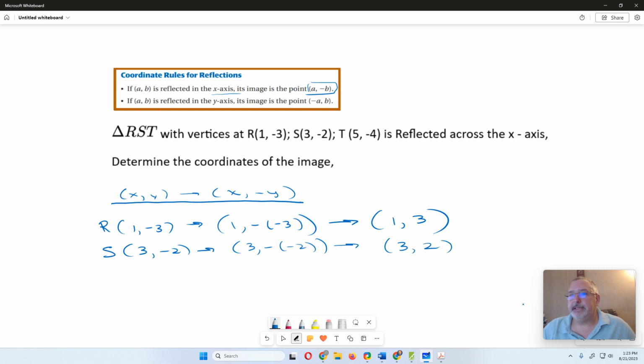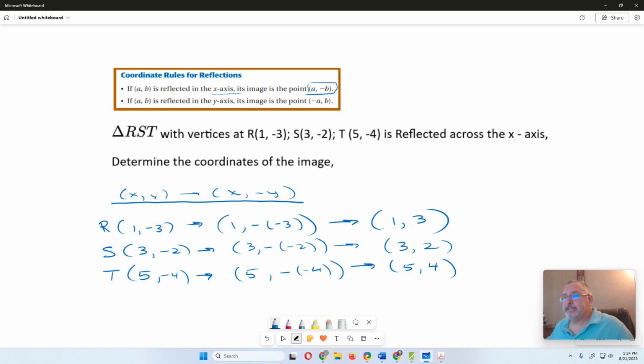And then finally, we have T at (5, -4). We'll apply our rule, so we'll keep x and find the opposite of y. That'll give us (5, 4). So that's a reflection over the x-axis.